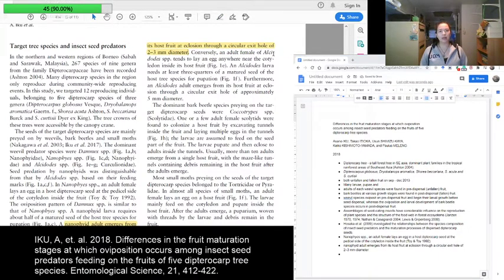Conversely, an adult female of Alcidodes species lays an egg anywhere near the cotyledon inside the fruit. Okay, so this species just does whatever. Again, which could be important. We won't have the exact same species in Australia, in a cool temperate rainforest, but it's important to know how many different strategies there are even in this one forest.